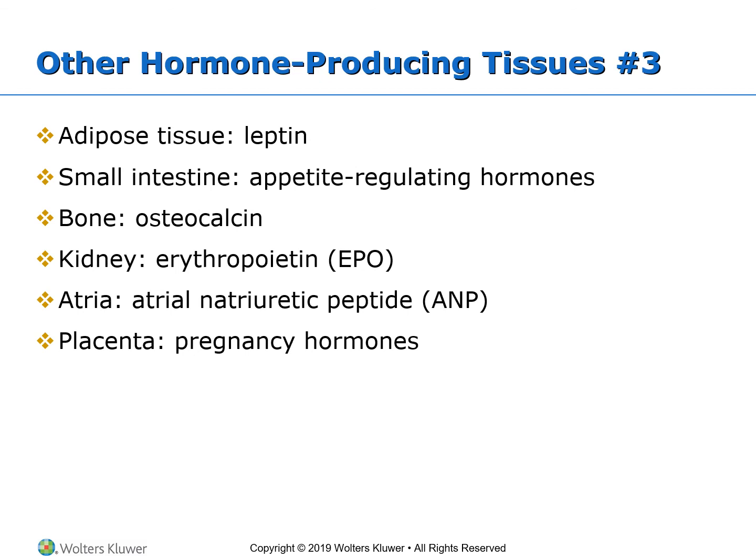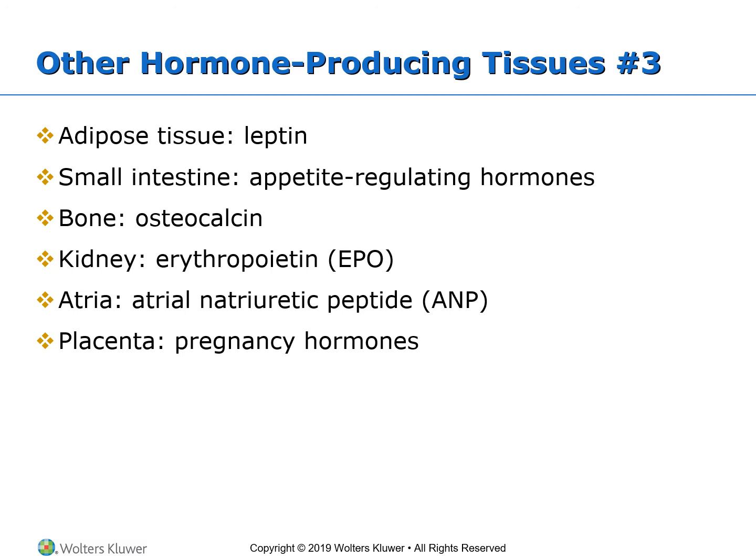We have a little bit more hormone sources, and usually the term hormone, we apply to endocrine glands. However, we found out that there are other tissues in our body that will produce some hormone-like substances, and one of those is leptin that is produced in the adipose tissue, and leptin is known to control the appetite.